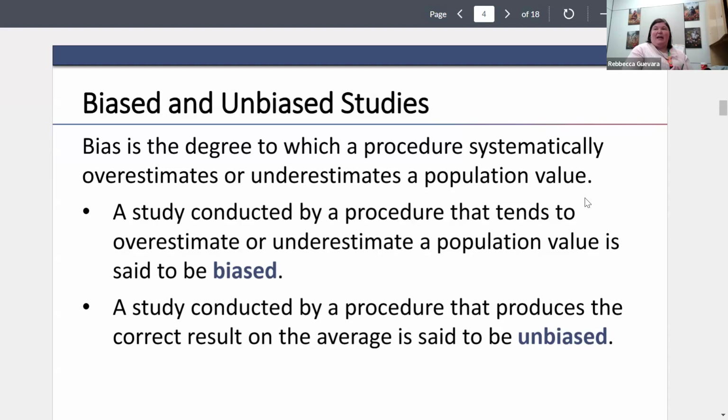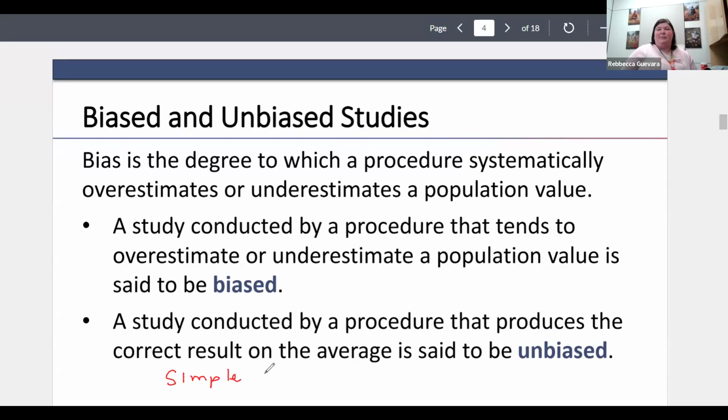A study conducted by a procedure that intends to overestimate or underestimate a population's value is said to be biased. A study conducted by a procedure that produces the correct result on the averages is said to be unbiased. So typically, if you do simple random samples, it should be unbiased.